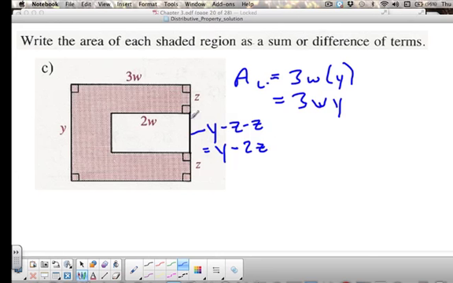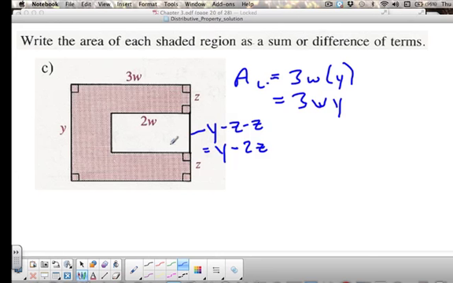So that's the length of this side, y subtract 2z, because from here to here is y, this is z, so we've got to take off that side, and this side, so this ends up being y minus 2z.